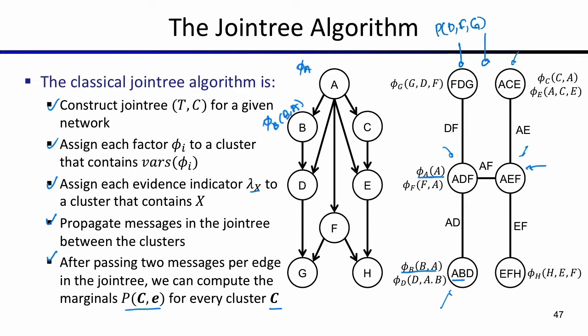We can eliminate some variables from here and calculate, for instance, the probability of D, or the probability of D and F, or the probability of those variables and evidence, and so on. But we are restricted to the variables that are in the clusters.